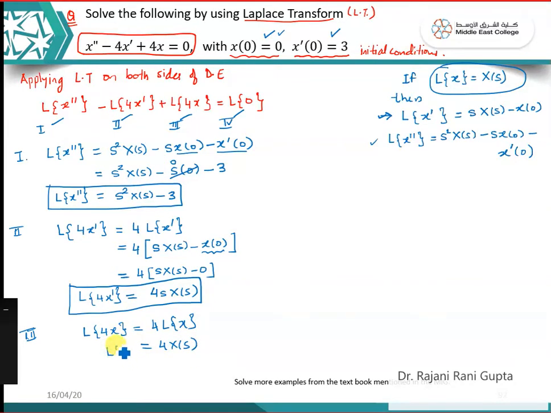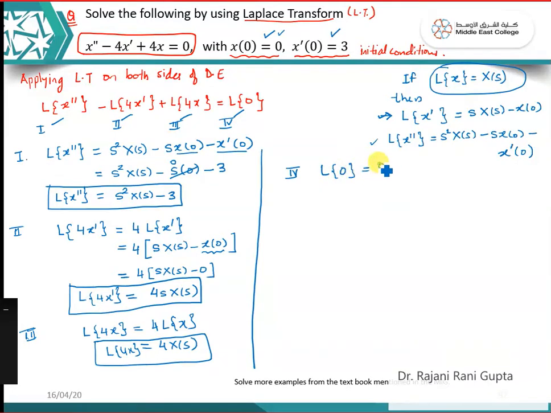Okay, this is Laplace of 4x. And what about Laplace of 0? 0 is a constant, so it is 0 upon s, which is nothing but 0. So Laplace of 0 is 0.